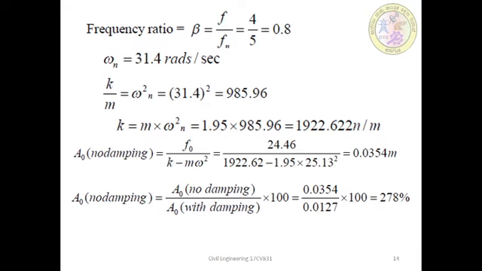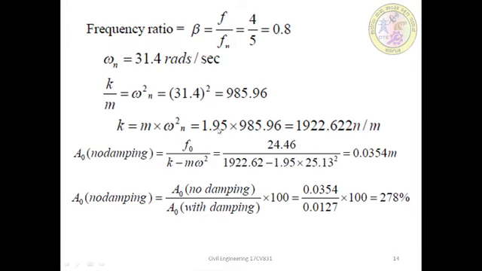So the ratio f by fn is 0.8. The natural frequency omega n, just now calculated, is 31.4. One more relation: omega n square is equal to k by m, so k is equal to m omega n square.